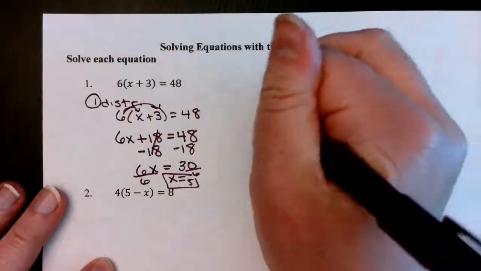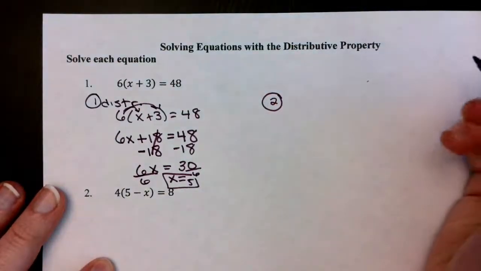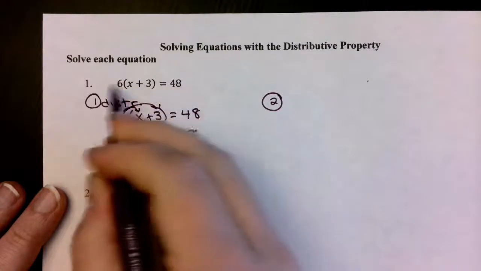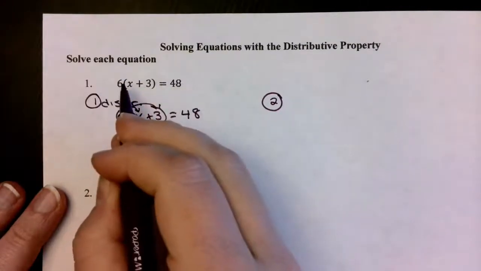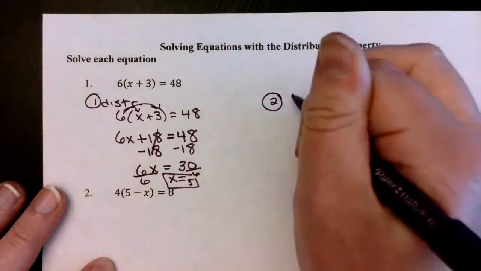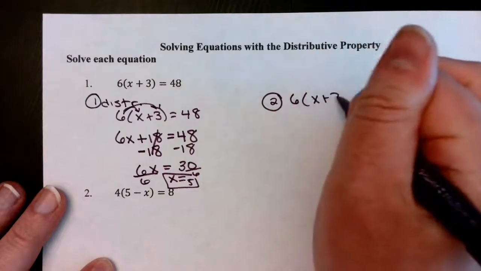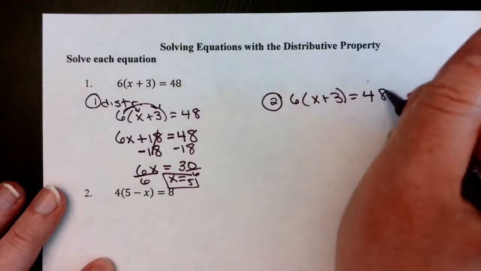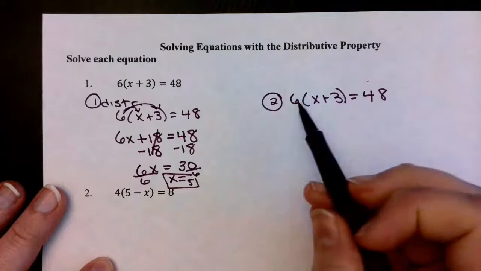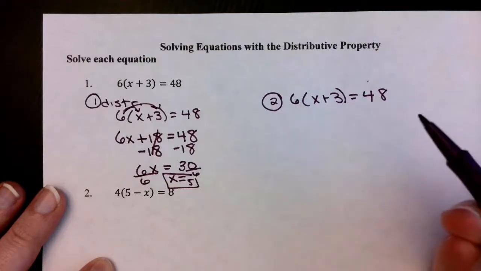The second way works when you can easily divide the number on the outside of the parentheses and what it's equal to. So again, I'm just going to rewrite it. In my head, I know 48 divided by 6 is 8.